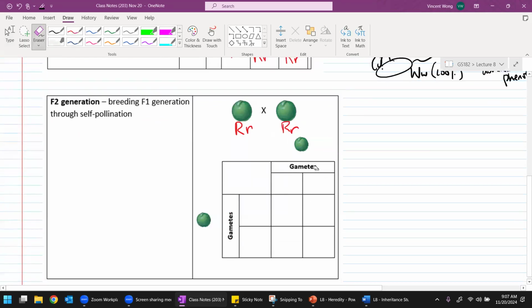So what kind of gametes will they produce? It doesn't matter which one you put where, okay? What's the gamete? One big R and one small r, right? And then same thing over here. Can you please complete the table?